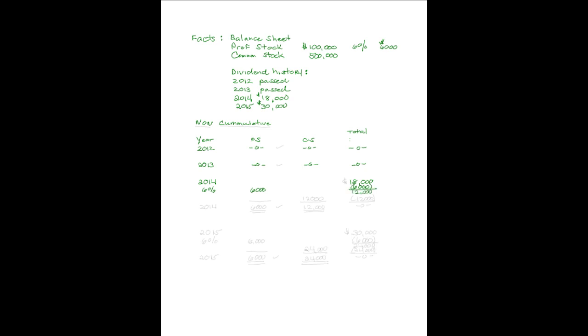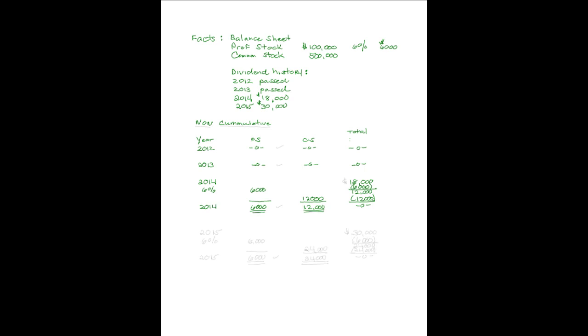Now remember, this is non-cumulative, so common stockholders are going to get the whole $12,000, and that is how the dividend will be distributed. $6,000 to preferred stockholders and $12,000 to common stockholders, and that is the totals for 2014.